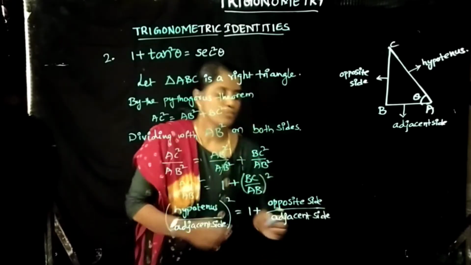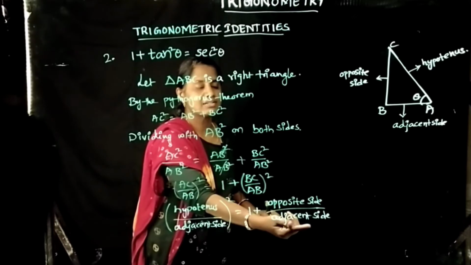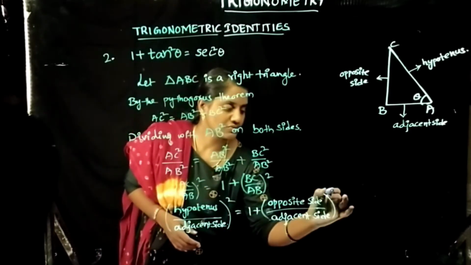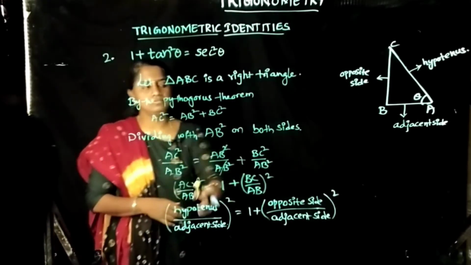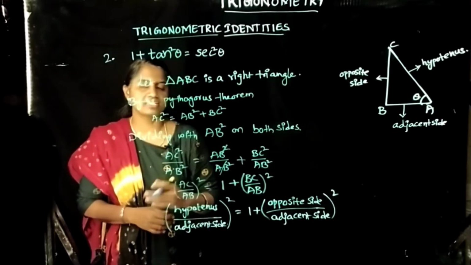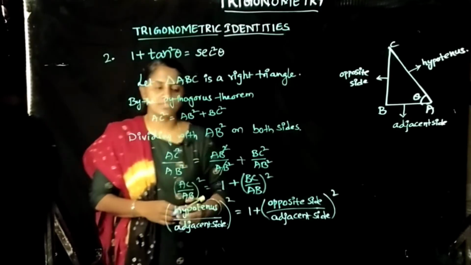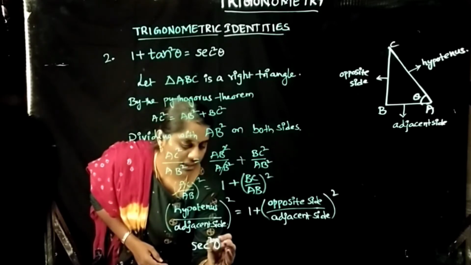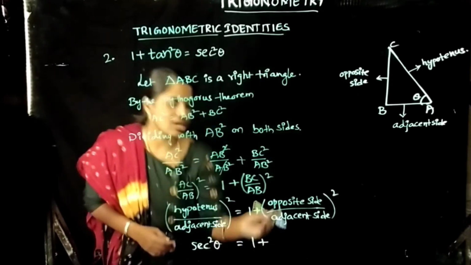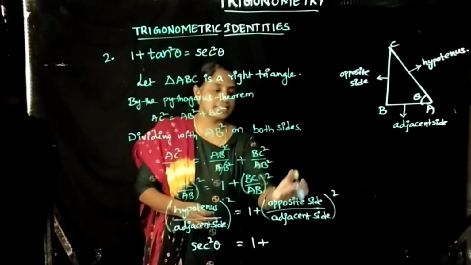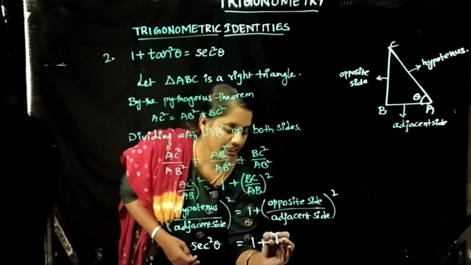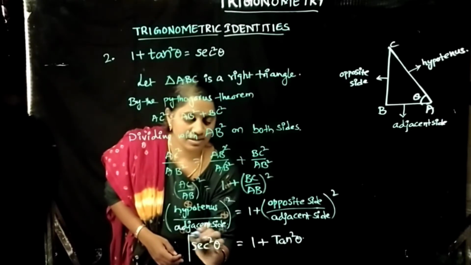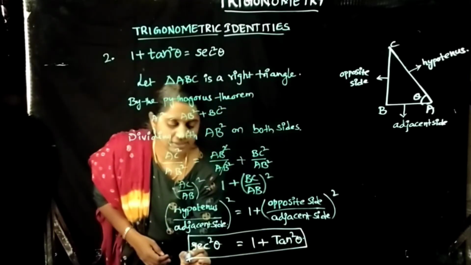It is the opposite side of angle theta by the adjacent side of angle theta, also taken as whole square. Hypotenuse by adjacent side is the definition of secant. Secant square theta is equal to 1 plus opposite side by adjacent side, which is the definition of tan theta, tan square theta. It is the second important identity.